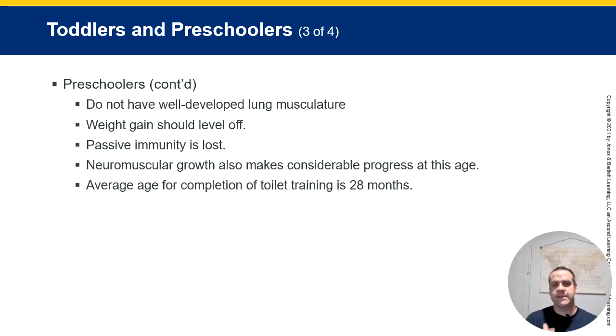While most toddlers are physically ready around 12 to 15 months, many don't master it until around 28 months on average. As an EMT, knowing whether a child is toilet trained helps you anticipate issues with incontinence, anxiety during assessment, or even signs of neglect if expected developmental milestones are missing.